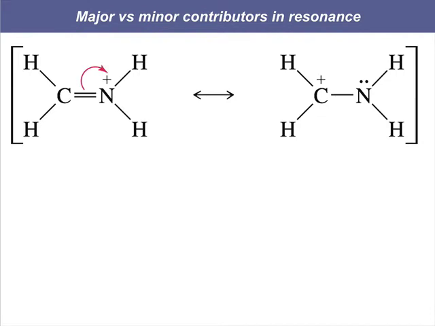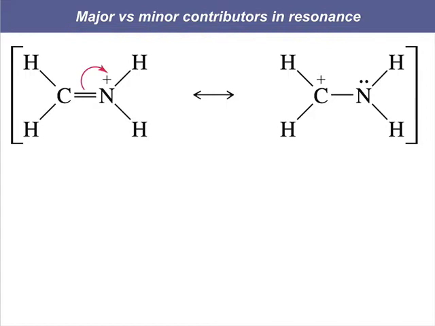Previously, we looked at 2 structures, and we said one was better than the other because of the charge distribution. We had a negative charge on a more electronegative atom, or we had charge distribution versus no charge distribution. And we used that criterion to determine which structure was better, which one was the major contributor.